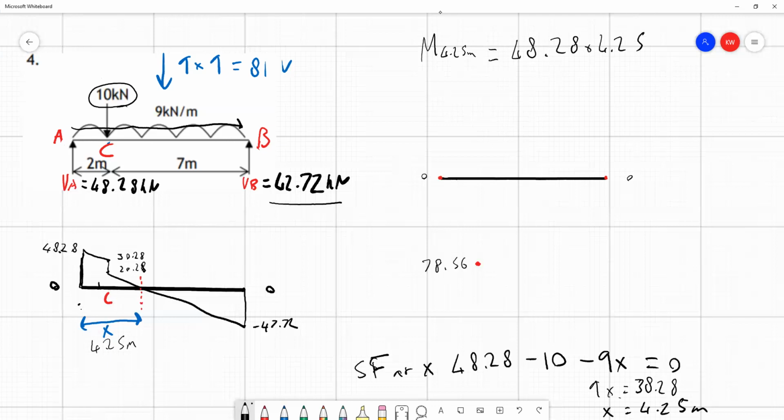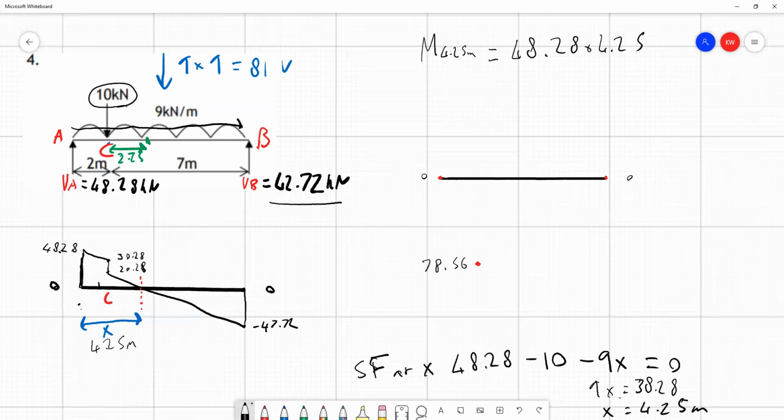Now remember, C is going to be 2.25 meters away, because if this point X is going to be about, I'll mark it in green on the main diagram, here, and that's 4.25 meters away from A, that means it's only a further 2.25 meters away from C, because that has to add up the distance from A to C and then C to this point here. So 2.25 is the distance there.